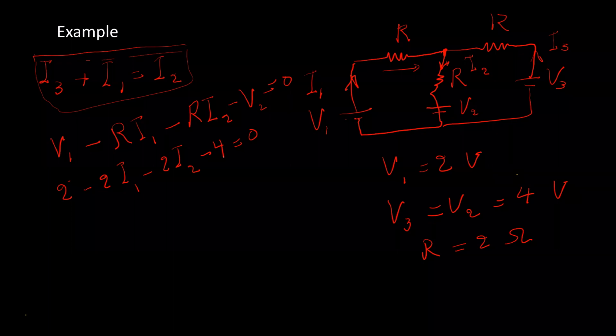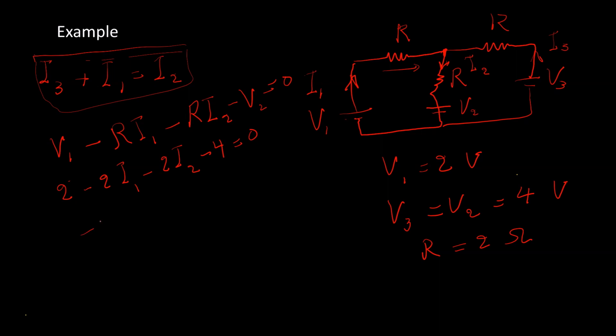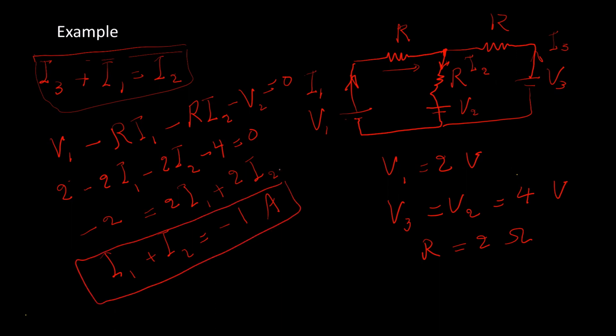So 2 minus 4 is negative 2, and move these over, 2I1 plus 2I2. So I1 plus I2 is negative 1 amp, right? So far we know I1 plus I2 is negative 1 amp.